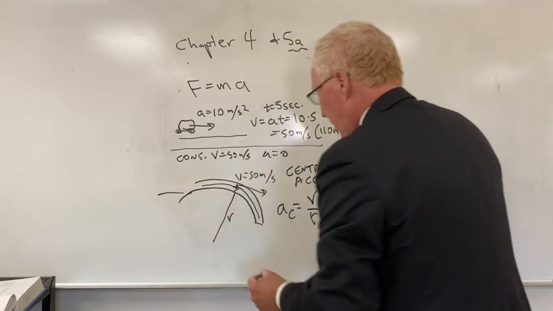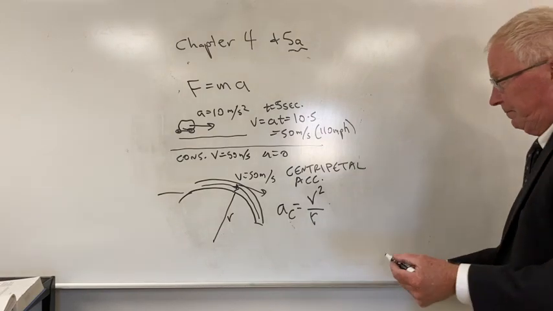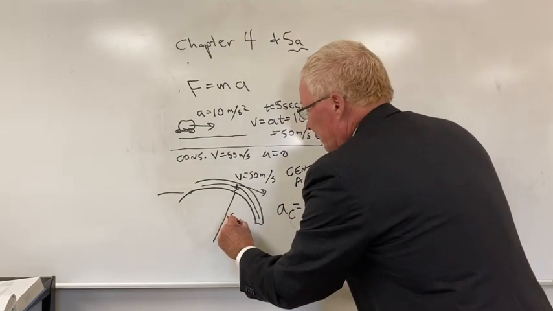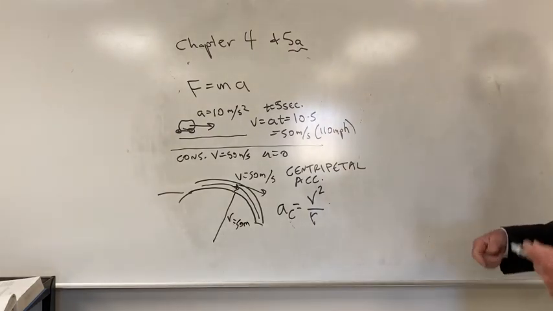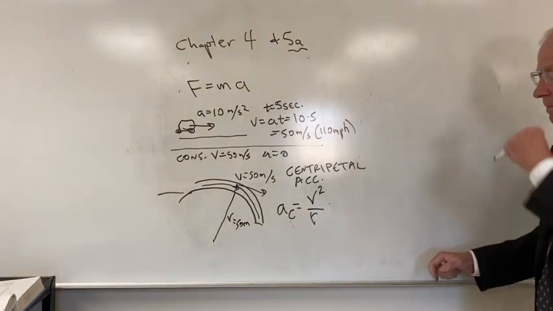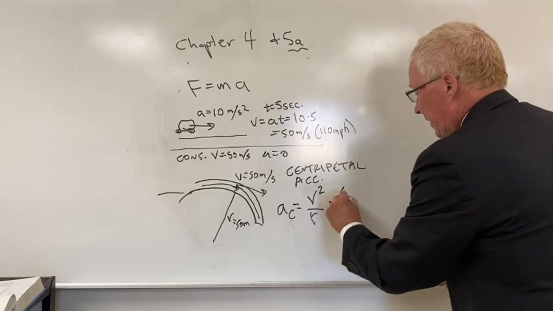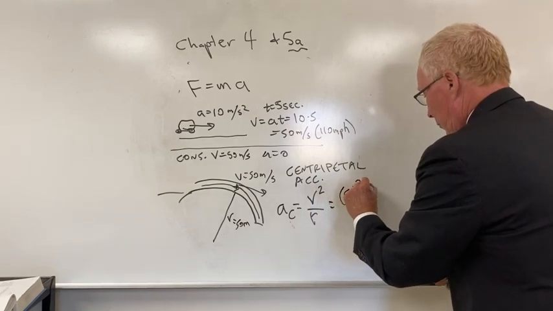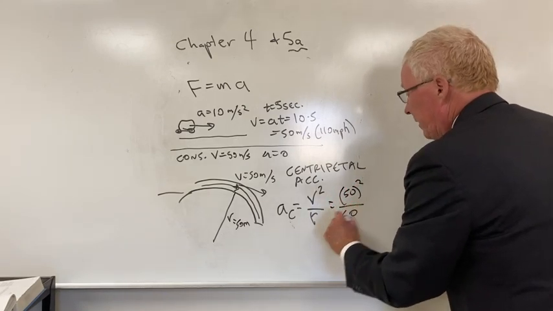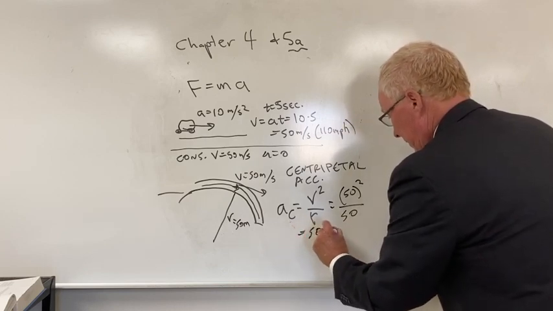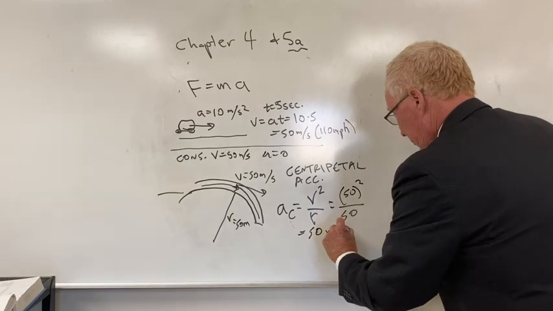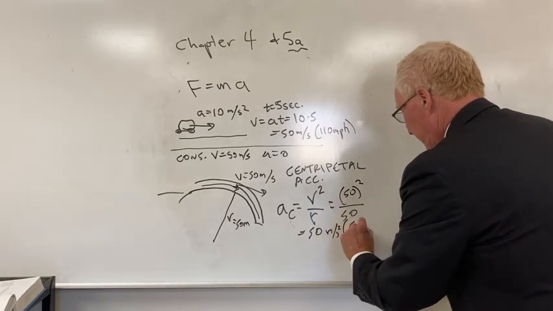So this would be R, and say R is 50 meters, and we're going at 50 meters per second. What would be your acceleration? This would be 50 squared divided by 50. That would be 50 meters per second squared, which is roughly 5g.